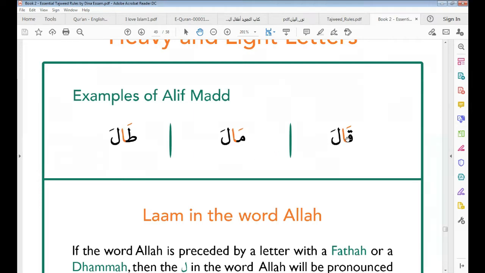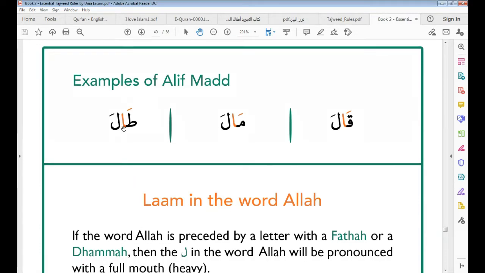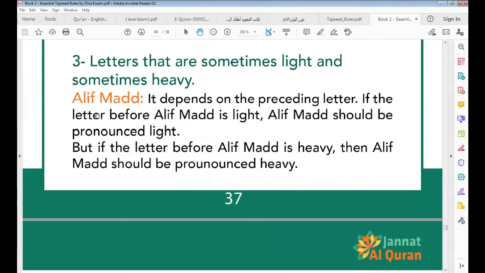This is the difference between the Alif Mad when it comes after a heavy letter and when it comes after a light letter. The third one here, ta, is also a heavy letter, so the mad will be heavy also. Ta, tala, tala.